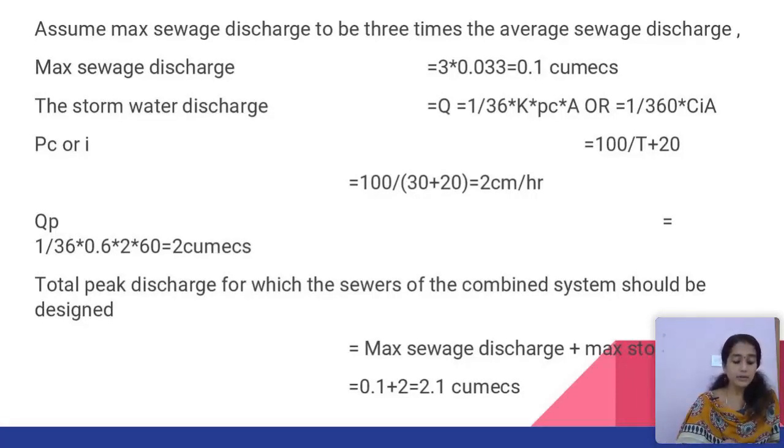This will give 2.1 cumecs of total discharge in the sewer pipelines.